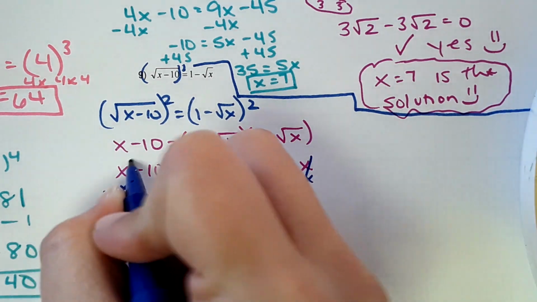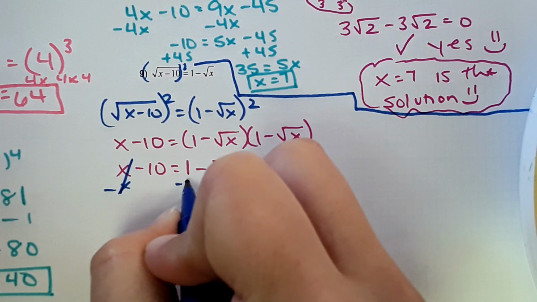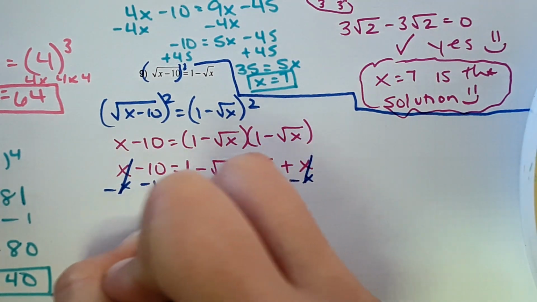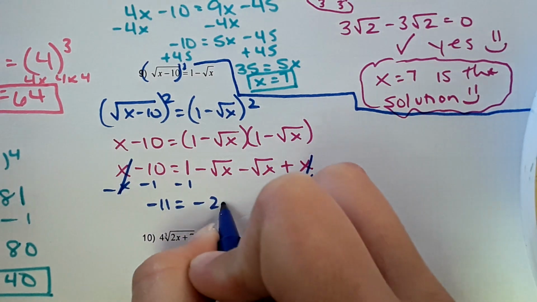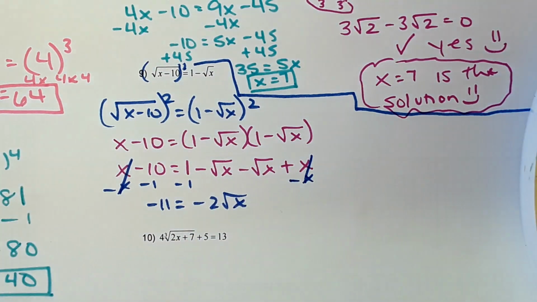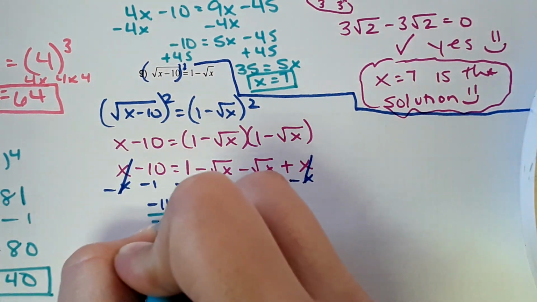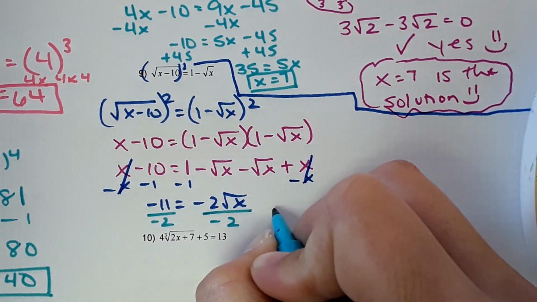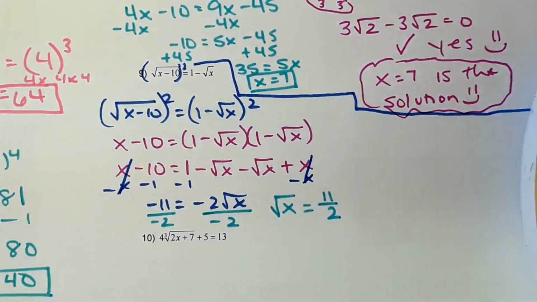So I try to get x's on the same side, that just cancels. Then divide by -2. I get square root of x equals 11 halves so far.